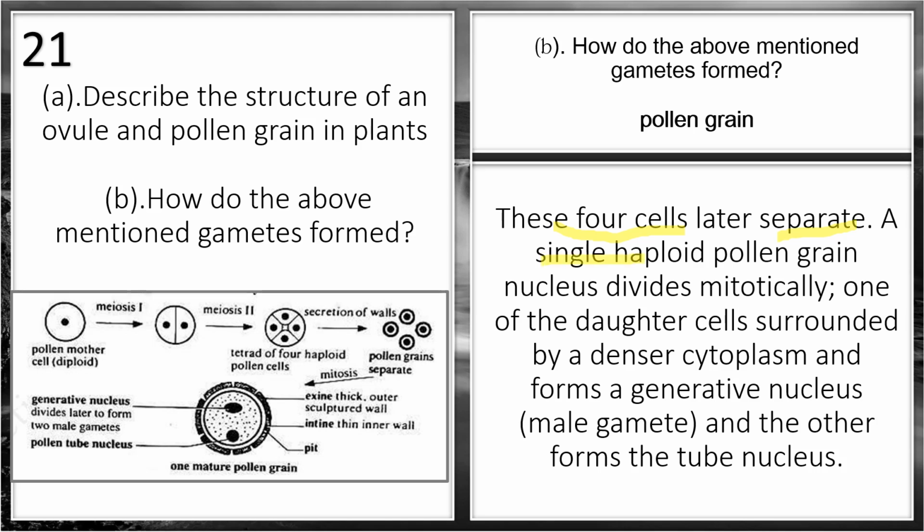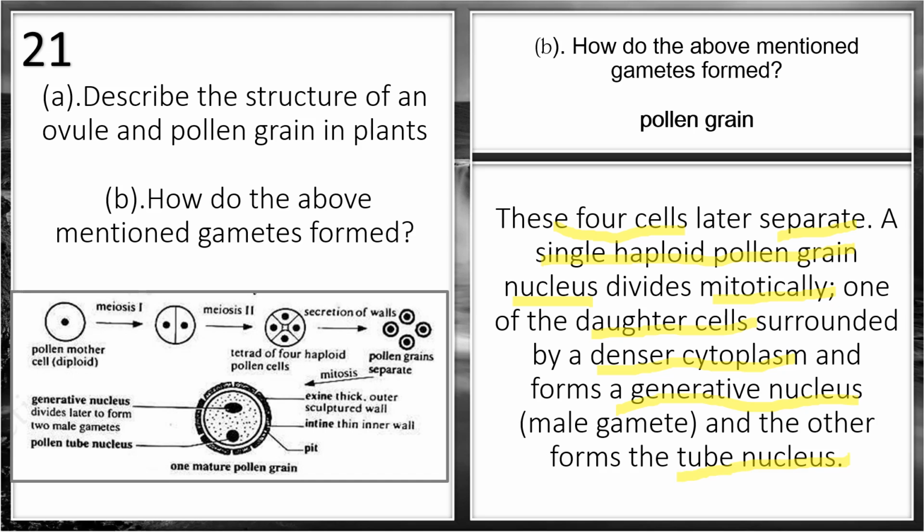Then a single haploid pollen grain nucleus divides mitotically. One of the daughter cells, surrounded by denser cytoplasm, forms a generative nucleus, the male gamete, and the other forms the tube nucleus.